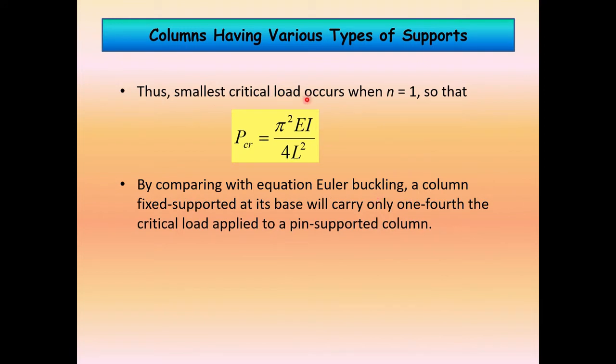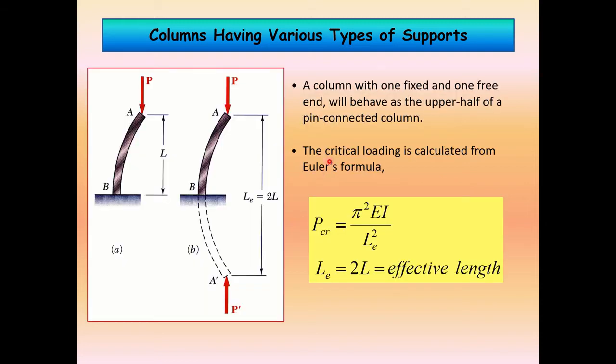The smallest critical load occurs when n equals 1, so that P critical equals pi squared EI over 4 times L squared. By comparing with the Euler buckling equation, a column with fixed support at its base will carry only 1/4 of the critical load applied to a pin supported column. A column with one fixed and one free end behaves like the upper half of a pin connected column.